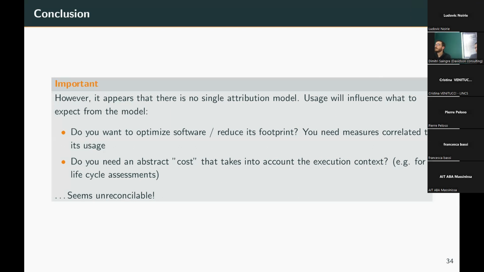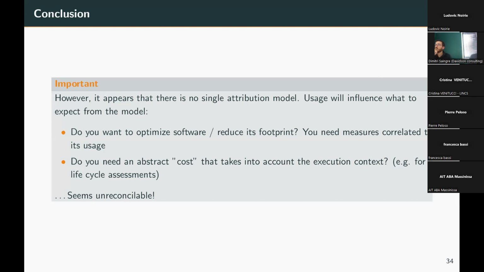So I will just finish with one question on my side, one question and one comment. First, one comment. With all what you did, it seems to me that it is really difficult to attribute energy consumption in a cloud environment. So you chose some very simple, but it's normal, very controlled and quite simple scenarios.